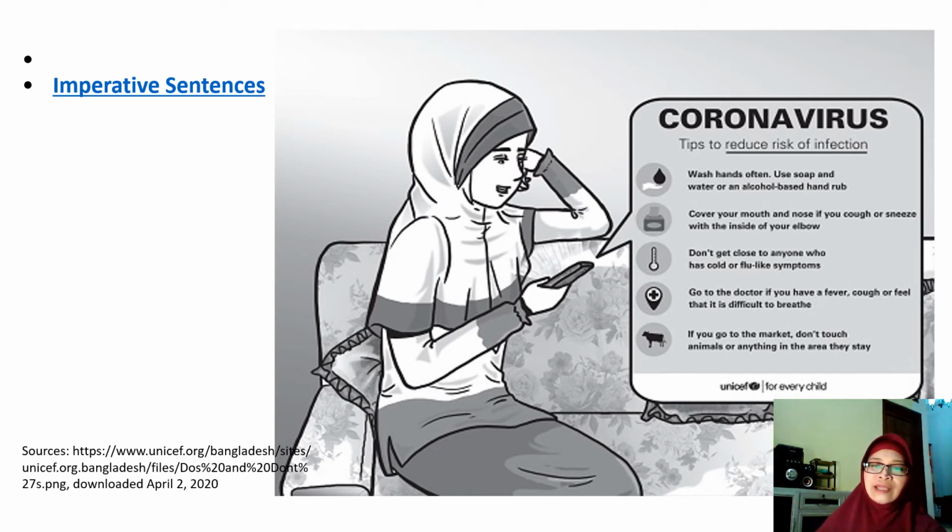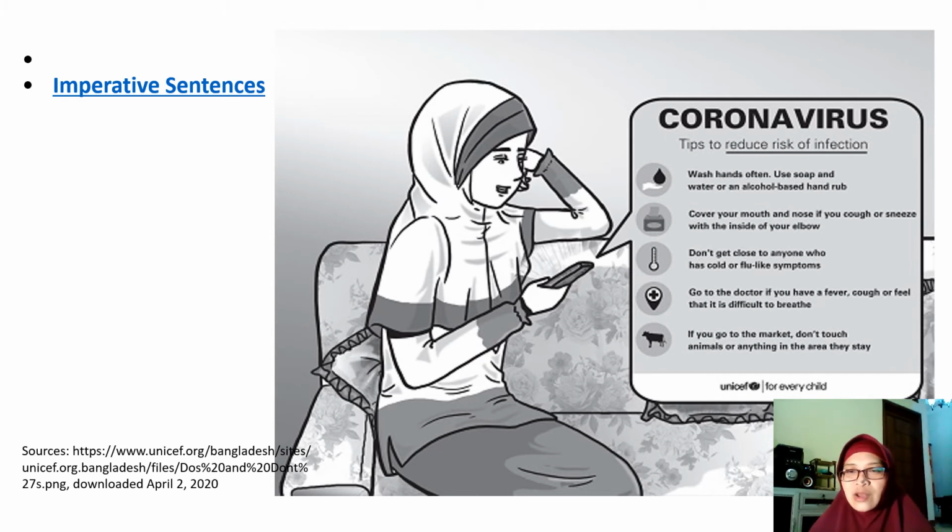And then next, look at the second sentence. Cover your mouth and nose. Cover, here we call it verb 1. Cover your mouth and nose if you cough or sneeze with the inside of your elbow. And look at sentence number 3.